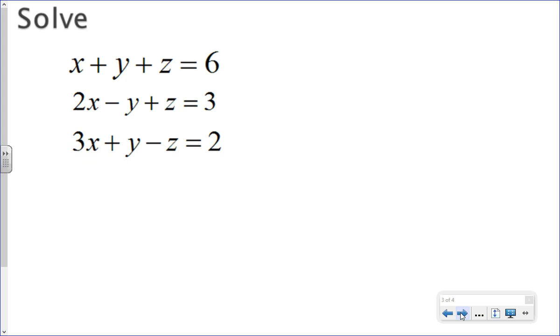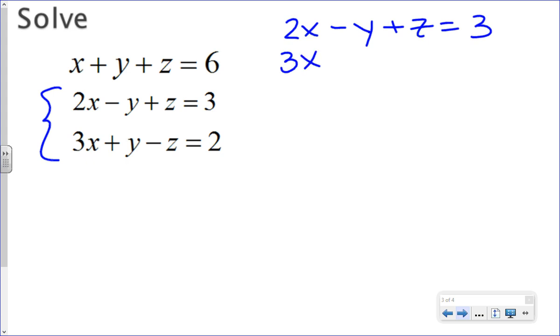Okay, so what Chris sees is this right here. If we combine the second and the third equation, both the Y and the Z are going to cancel out, right?